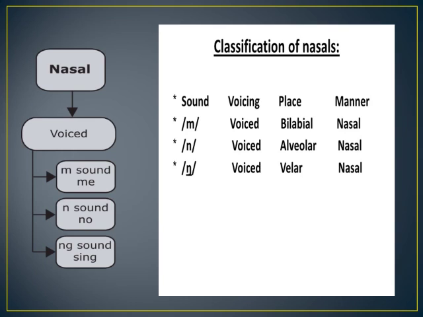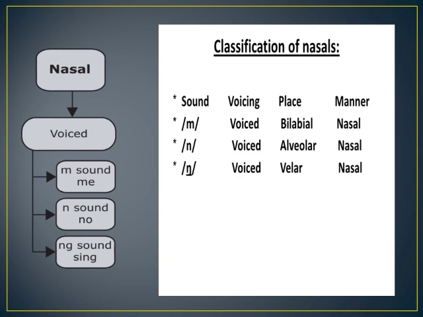So coming towards nasals. Nasals or nasal consonants are the sounds which are produced through the nose. The air passes through the nose. So you can always have an idea of the nasals, and there are 3 nasal sounds or nasal consonants, and they are m, n, and the ng sound.